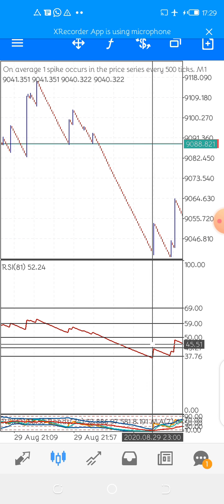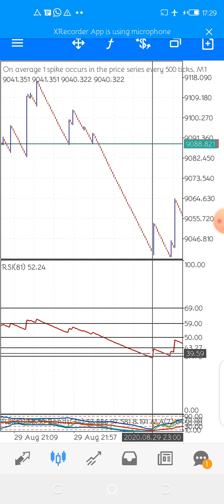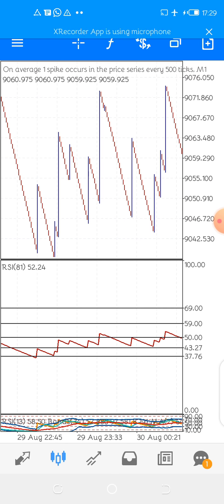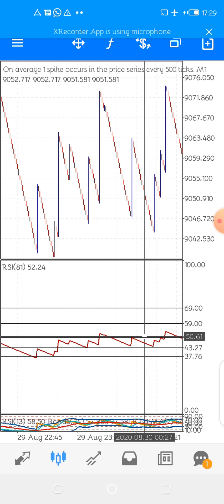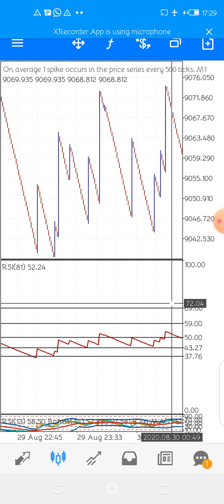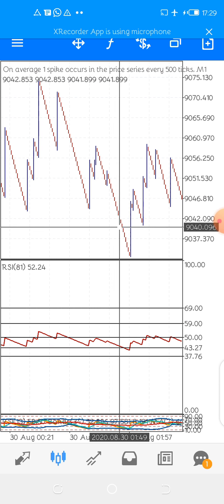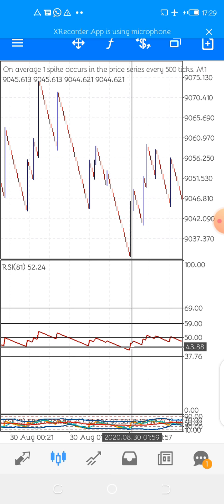See, coming down to our 37, exact as it is. Okay, so spikes on level 37, retest 37, goes up a bit, goes to 43. Yeah, goes to 43, middle, 3 spikes, goes up and down. So it is more of a ranging market, but our spiking zone is 43.